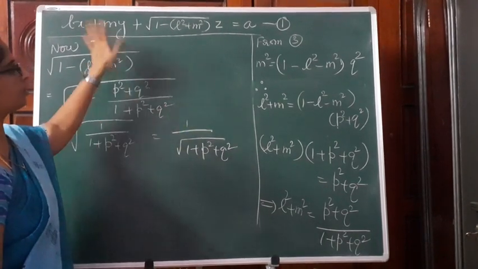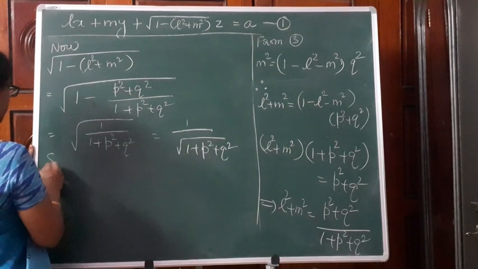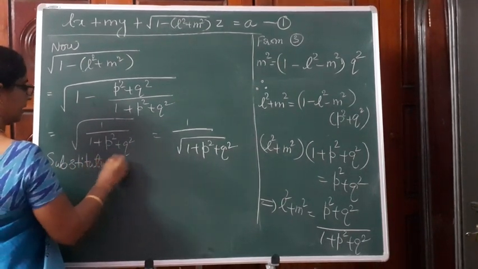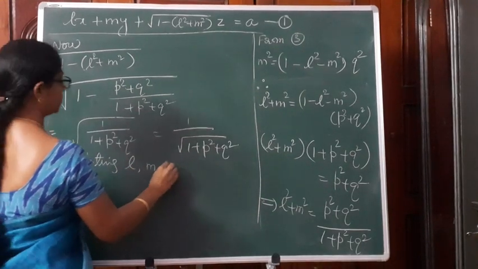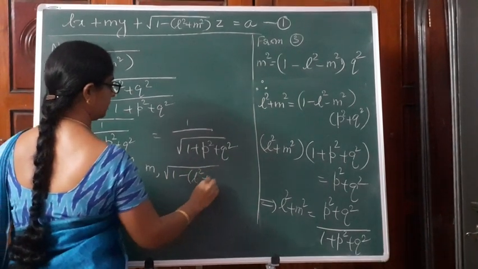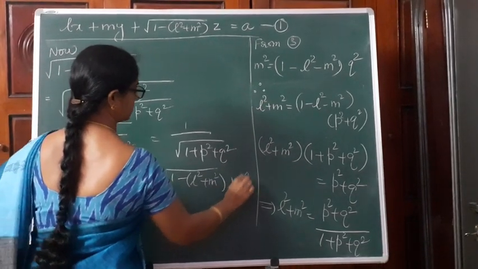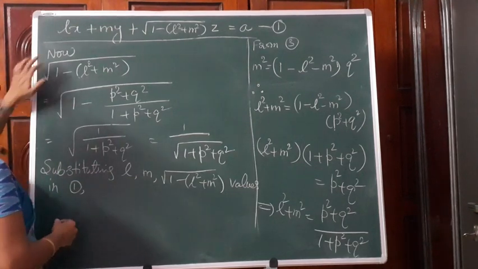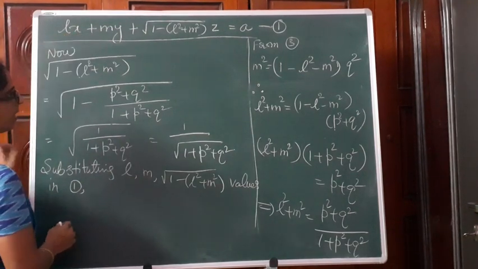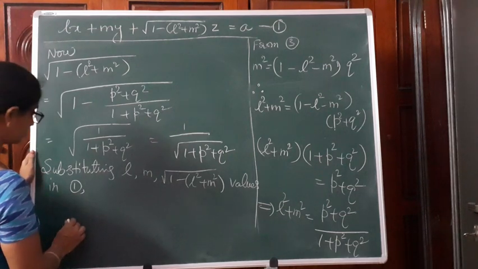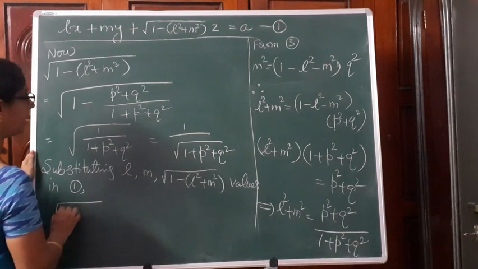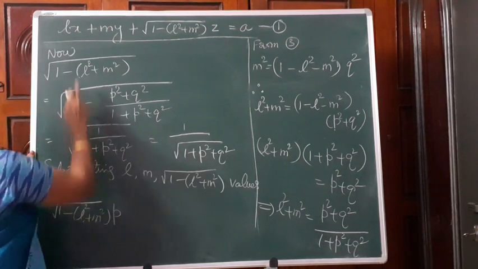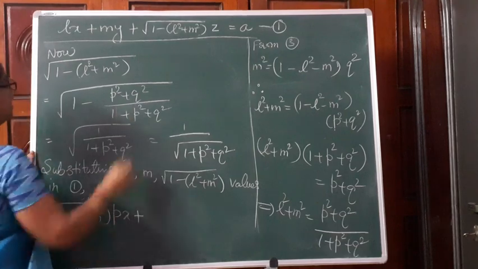Now we are going to substitute all the three in 1. Substituting L, M and square root of 1 minus L square plus M square values in equation 1, we get L into X. What is L? We have L as square root of 1 minus L square plus M square into P into X plus My.